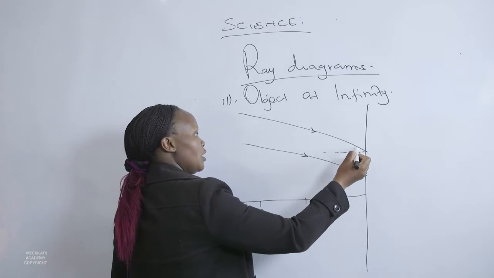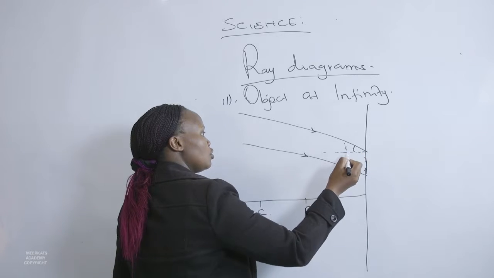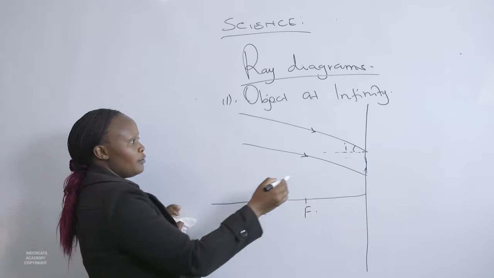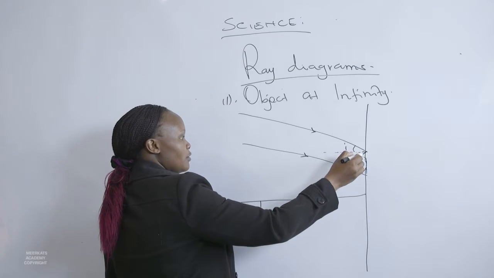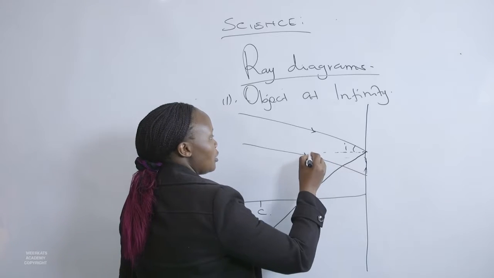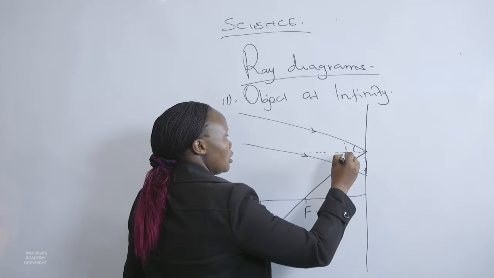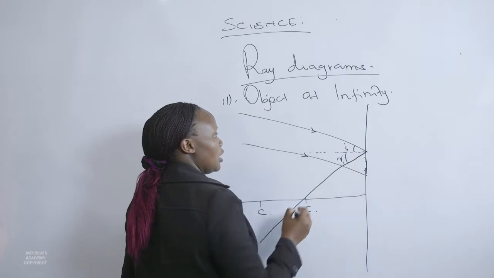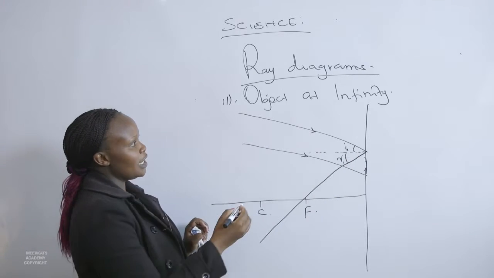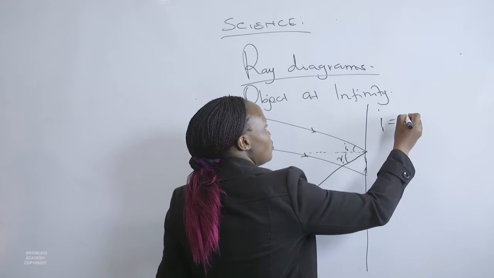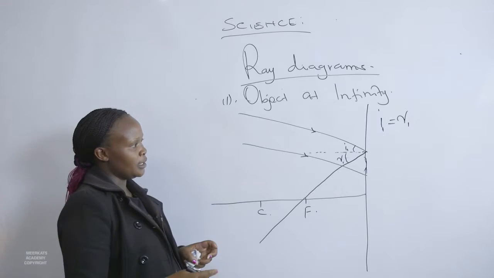The angle of incidence should be equal to the angle of reflection. Therefore, you will have something like this, so that this angle here, let us call it I1, will be equal to R1.